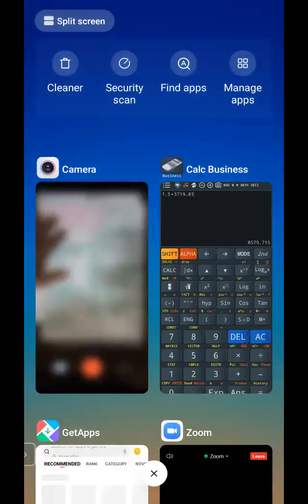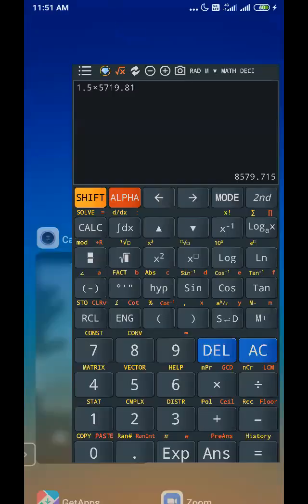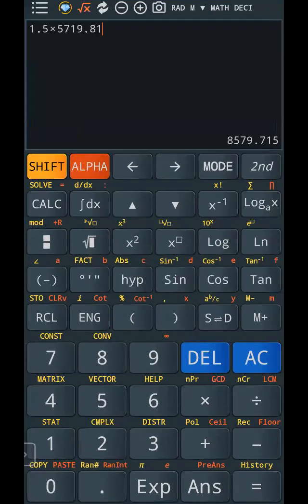Okay, so T3 is given by 8579.72 divided by 5719.81, into 953.30.